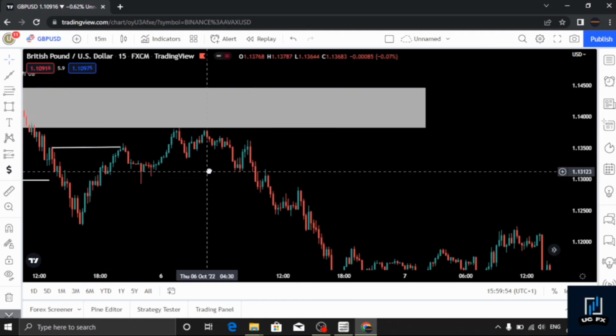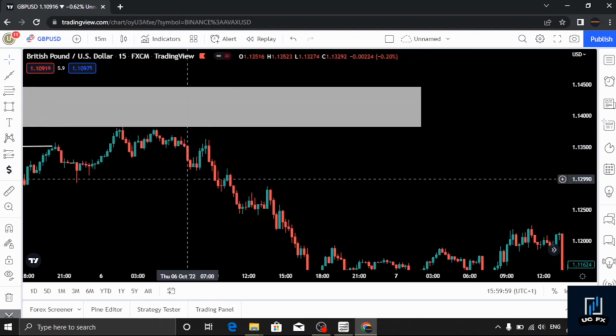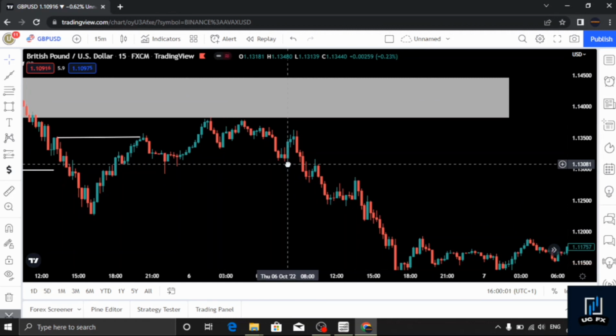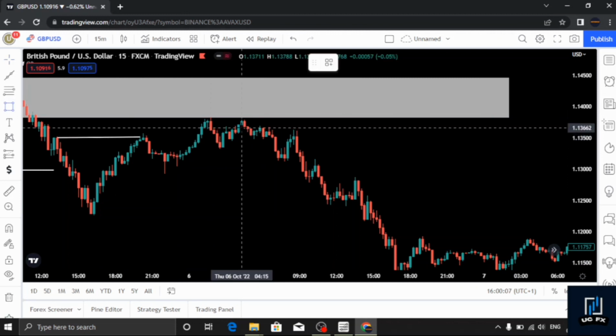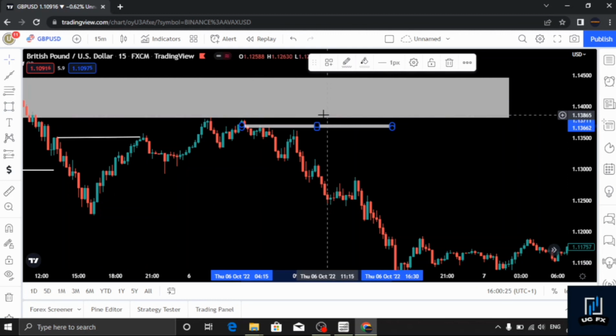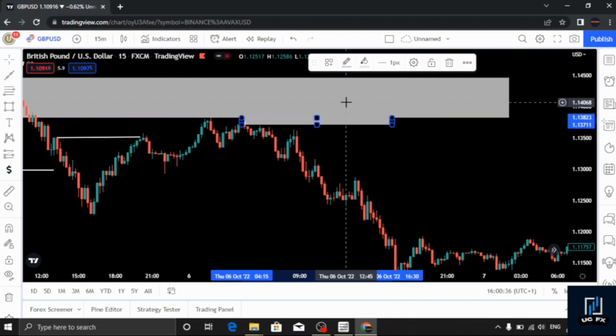And as you can see as well, we had a little 15 minutes time frame order block inside this area. We have this tiny order block, and so we are going to be marking it out as well. That's a little bit high, so I'm going to be changing the color to a different color.